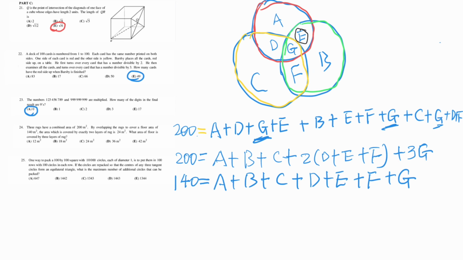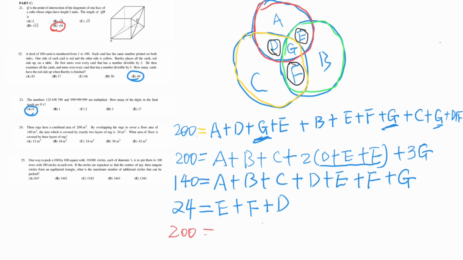That's the E, F, and the D. So that means E plus F plus D equal to 24. Now solve this equation. So E plus F plus D equals 24.